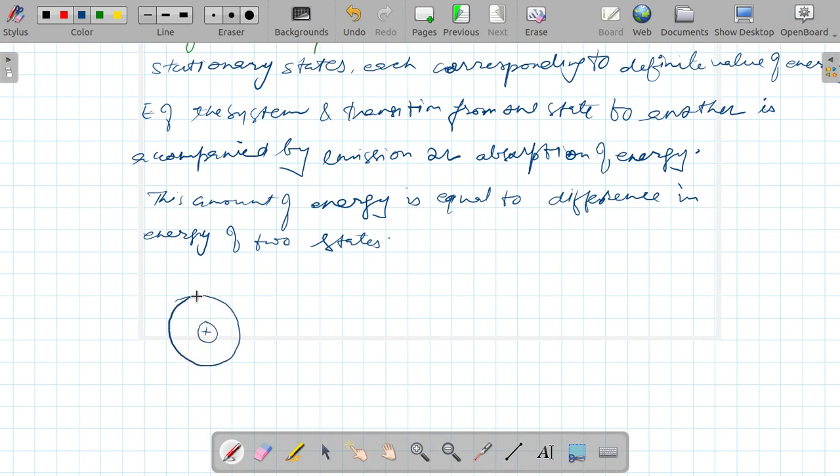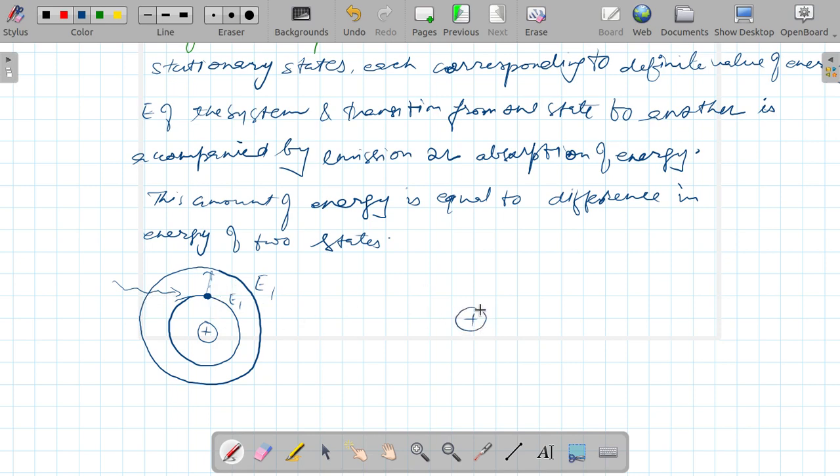Say this is an electron, orbiting in this orbit, and there is another orbit corresponding to it. When a photon is made incident on it, a transition goes from this level to this level, say this is energy level E1 and this is energy level E2. So there is a transition, and that means the photon gets absorbed.